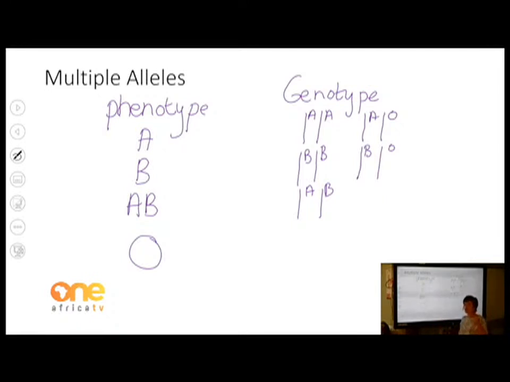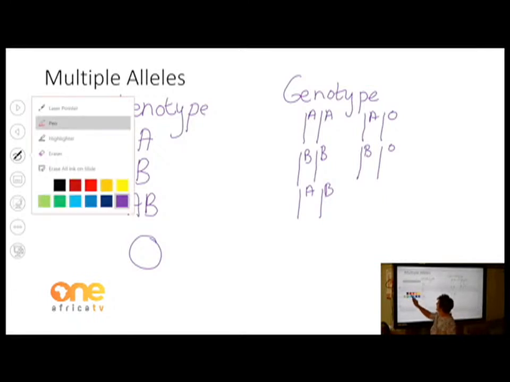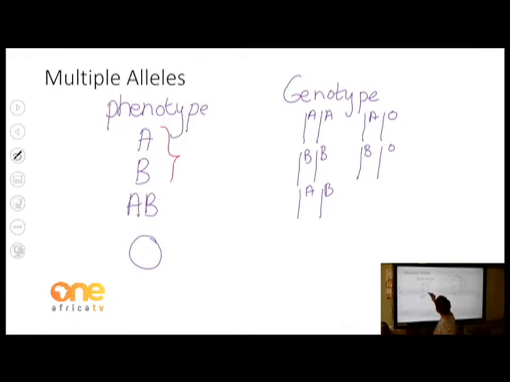We have 3 different alleles. Why? Because A and B is codominant. So I can have A and B together, and that makes it possible because they are codominant. But O is recessive.